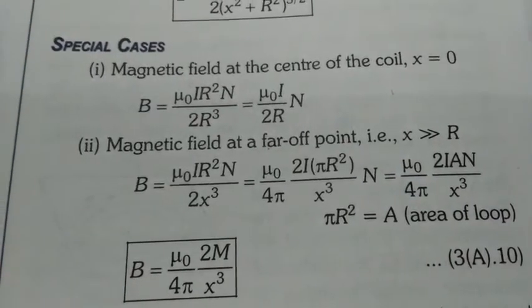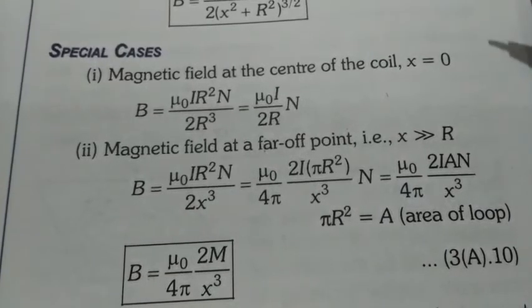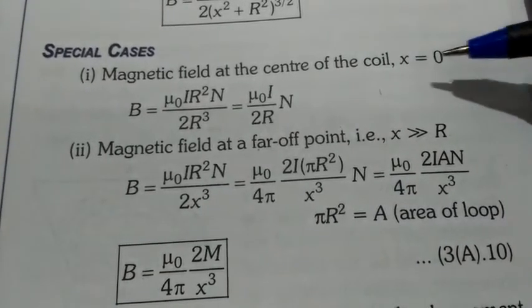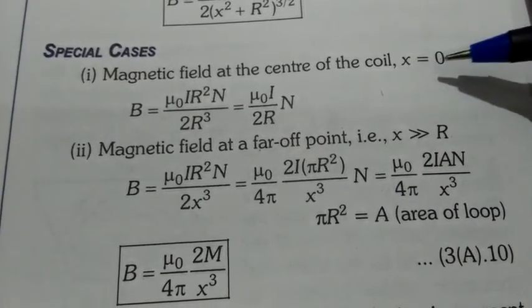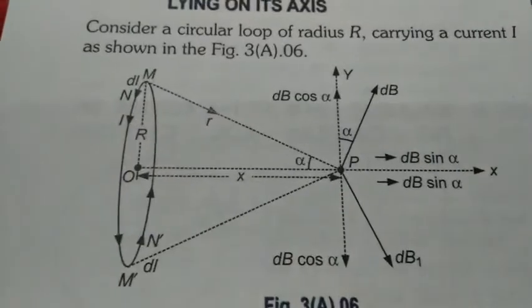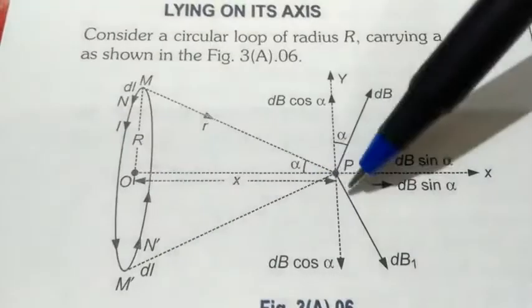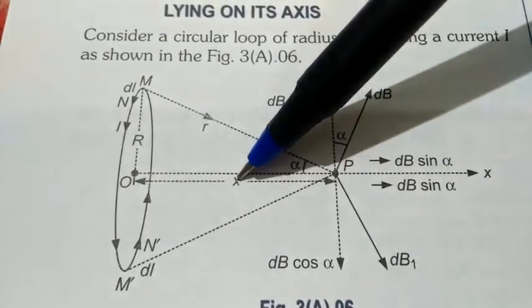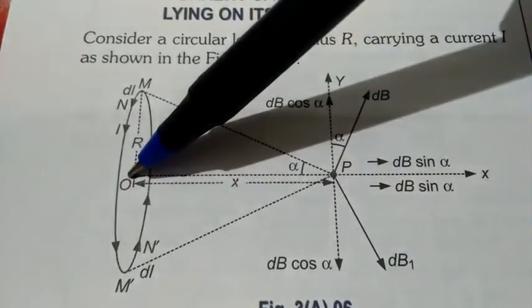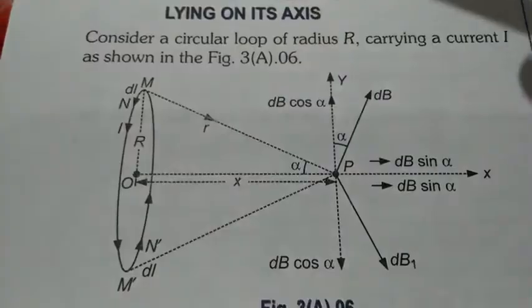In the first case, if we have to find out the magnetic field at the center of the coil, we put x equals 0. Here in the diagram you can see this is x, the distance between center and point P. If we put x equals 0, that means point P will be here only at the center.